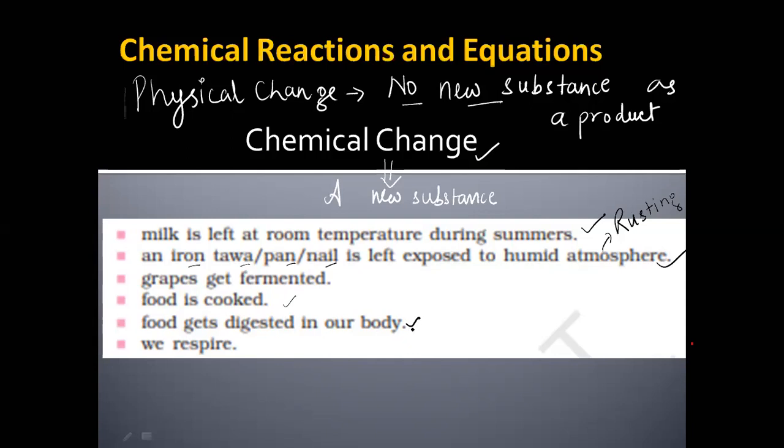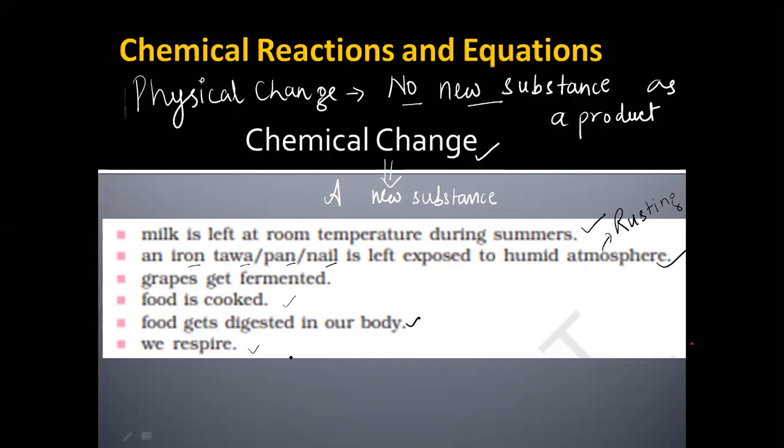The food that you eat gets changed into the new substance, the smaller substances in your alimentary canal. Do you know alimentary canal? The digestive system includes your intestine, your stomach, all are the parts of digestive system, and food gets digested over there. There's a formation of a new substance that you need to know.